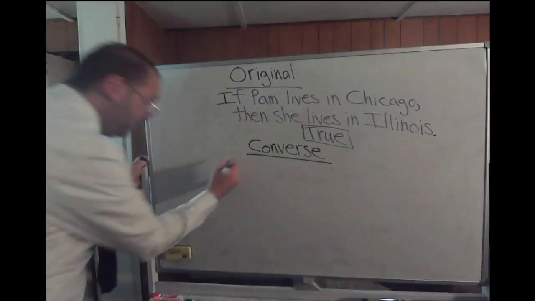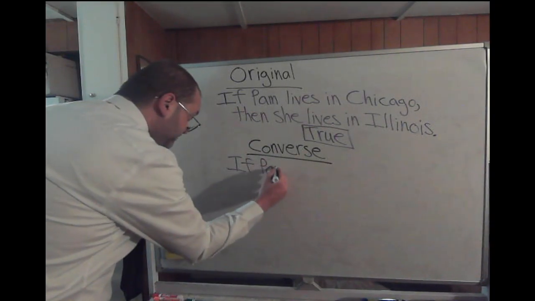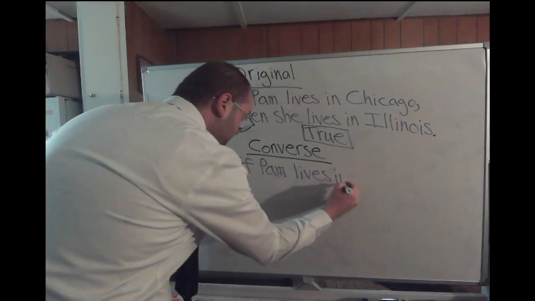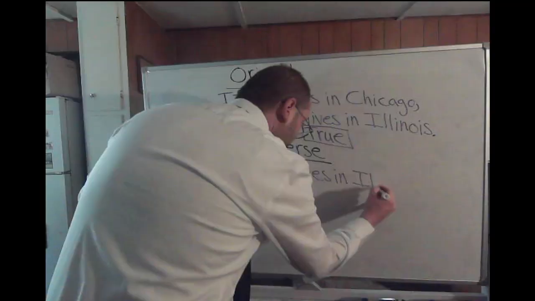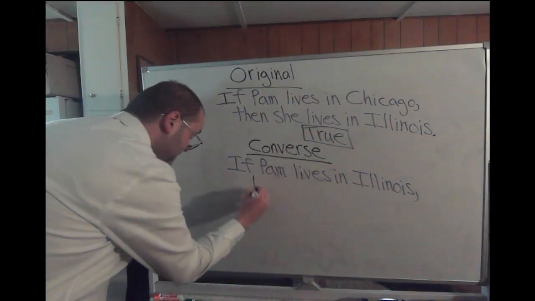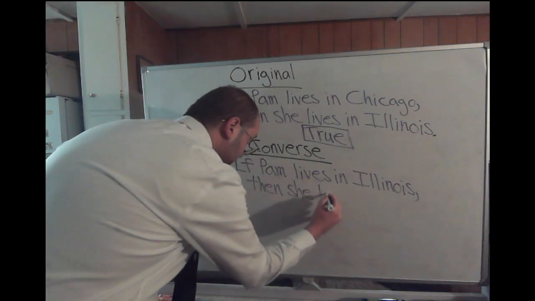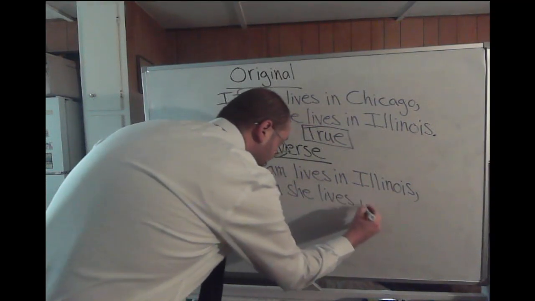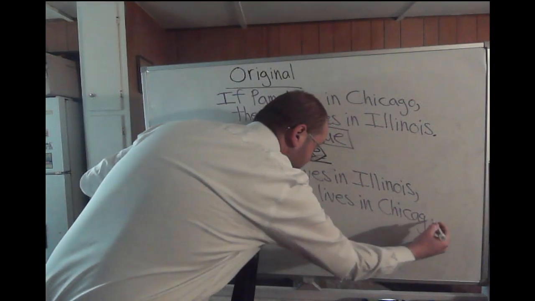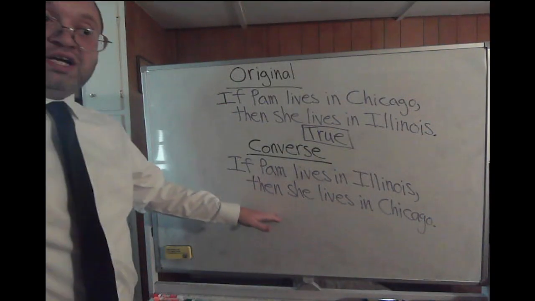Now let's take the converse of that. The converse would state, if Pam lives in Illinois, then she lives in Chicago.